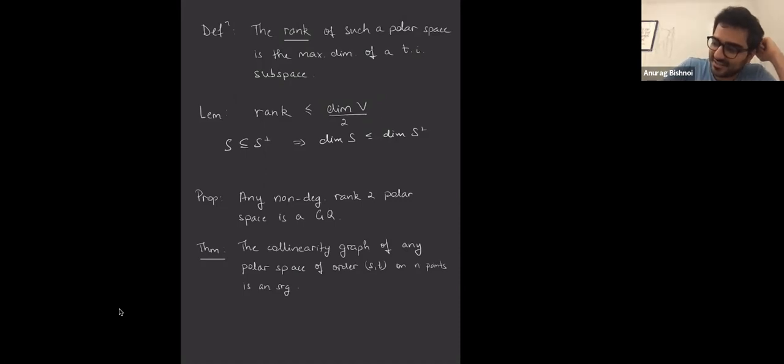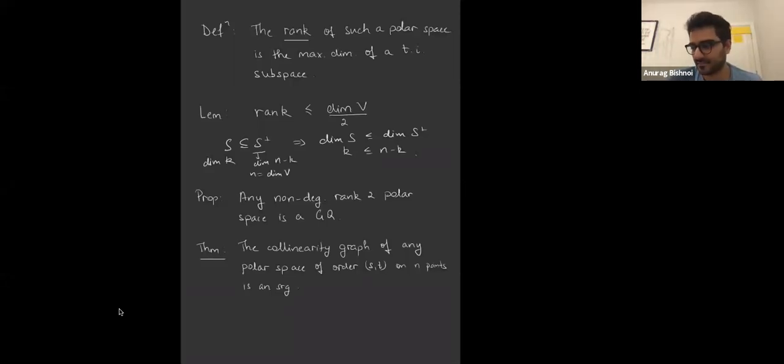So say S has vector space dimension k. Then S perp will have vector space dimension n minus k, where n is the dimension of V. The dimension of the projective space is n minus 1. But anyway, you will get something like k is less than or equal to n minus k.